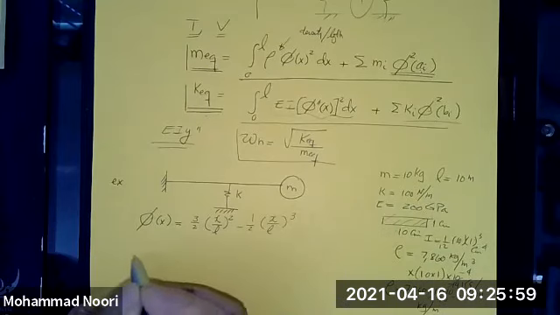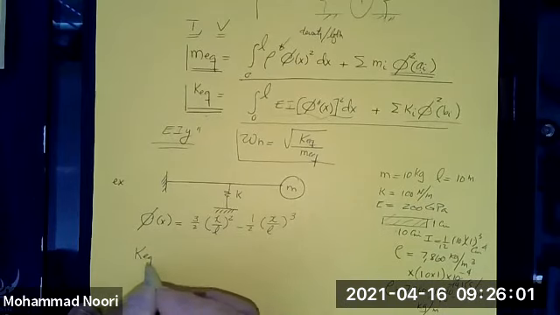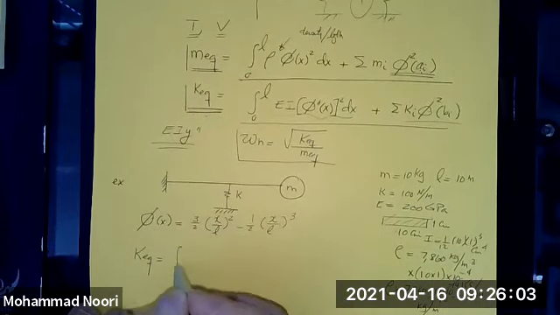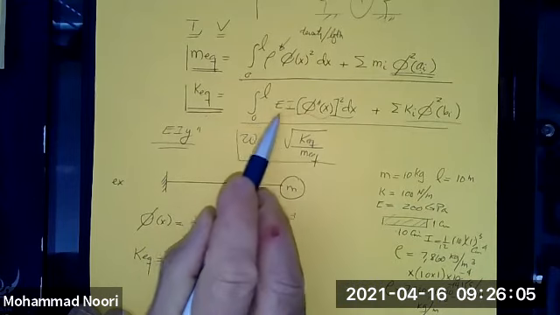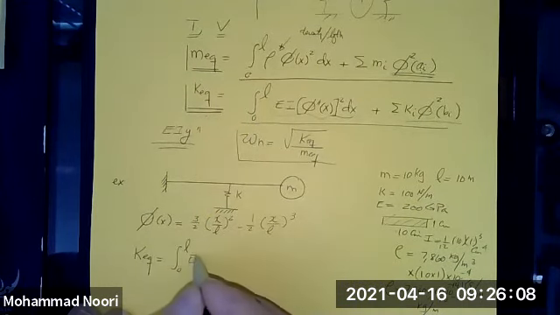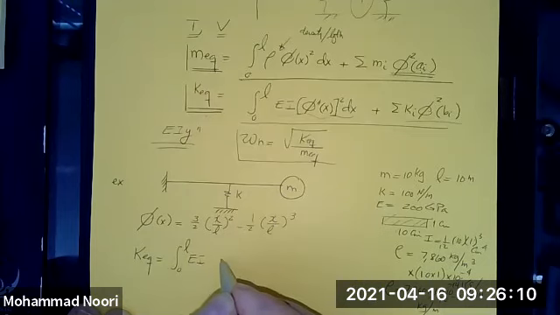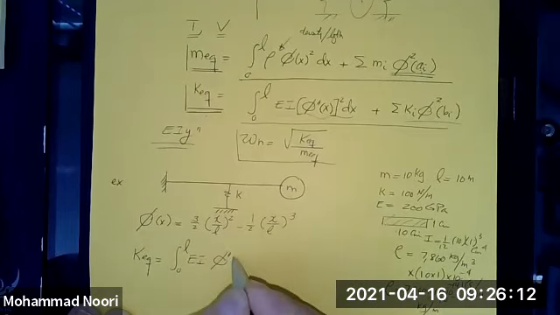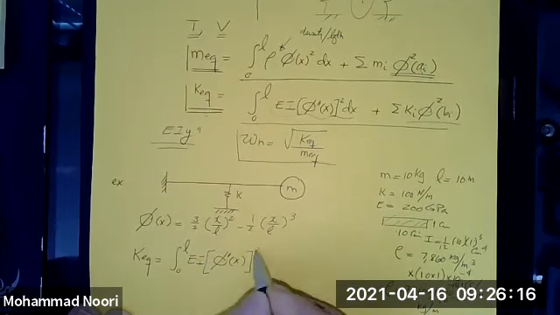So K equivalent is the integral from 0 to L of E I, second derivative of this function, squared, dx. Perform this integration.